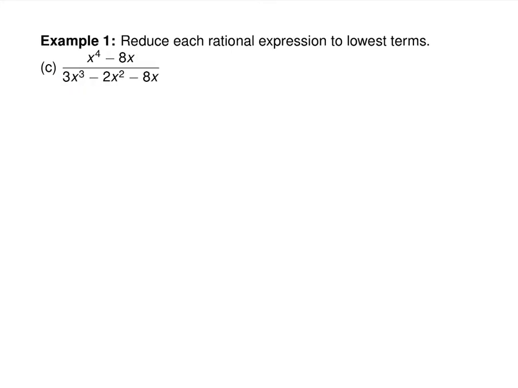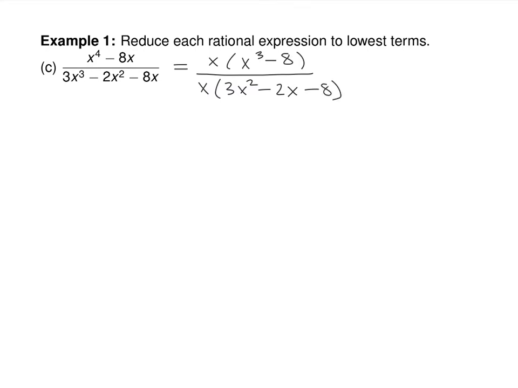Okay. This next one's long and icky because it's that cube formula. So first of all, does it make sense that the numerator has the greatest common factor and so does the denominator? What is the numerator's greatest common factor? X. So we're going to have x times x cubed minus 8 over x times what else? 3x squared minus 2x minus 8.